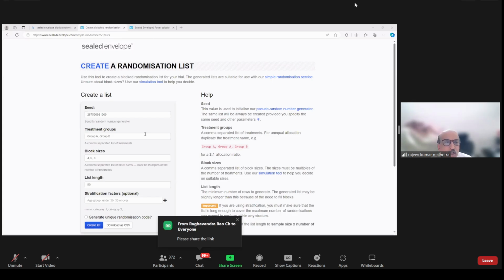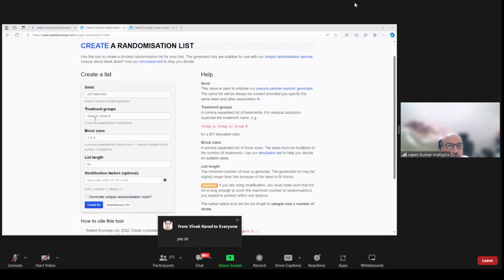Okay. So this is the sealed envelope, showing how to do randomization using block randomization and stratified randomization. For example, I have two groups, group A and group B. This is the seed. Seed means you have a randomization generator number, so whenever you want to repeat it, you must know the seed number.